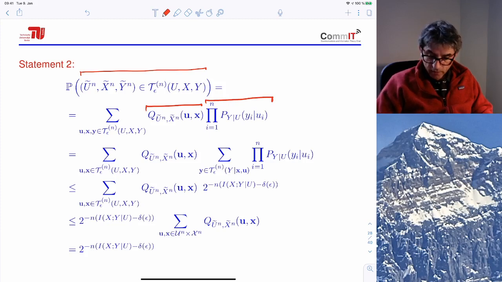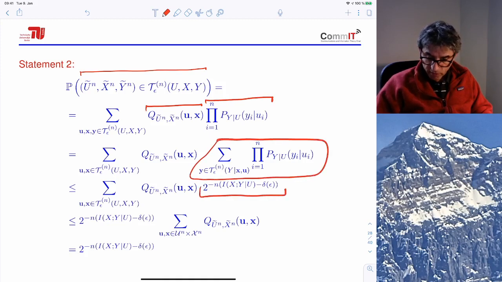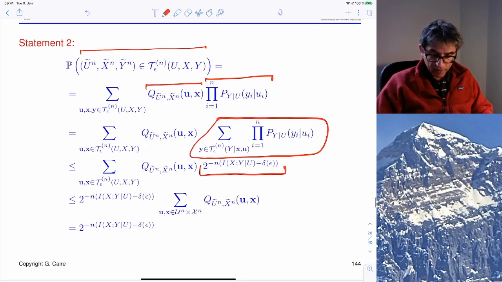And at this point, we have already proven that for every x and u, this term is upper bounded by this quantity. Then we sum over all possible x and u, and this sum is at most 1. So this is at most 1, and then we are done. Okay? So that's very easy.